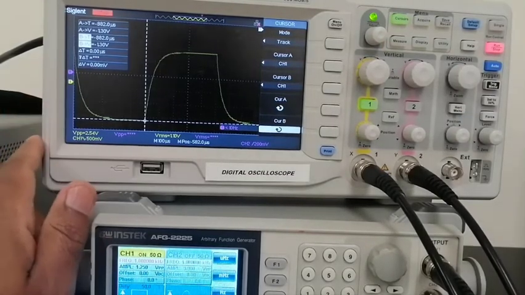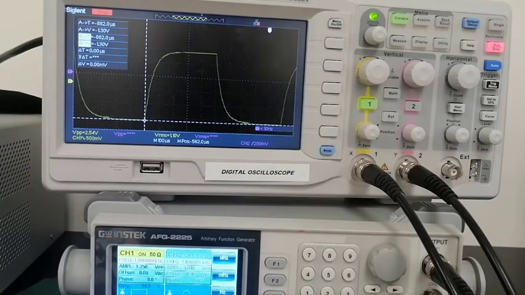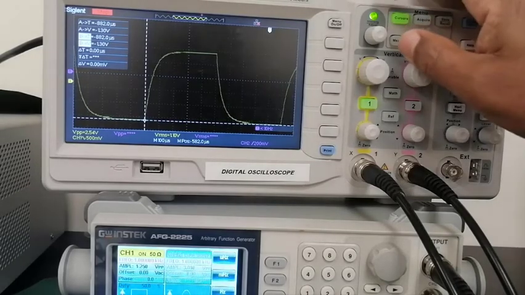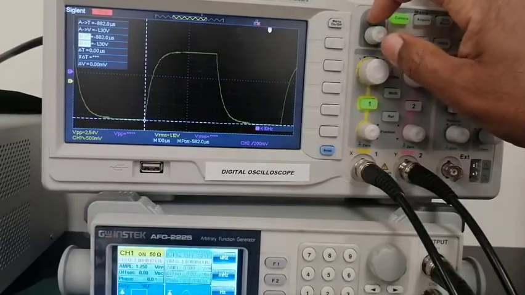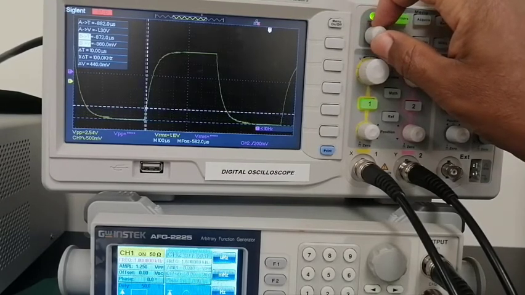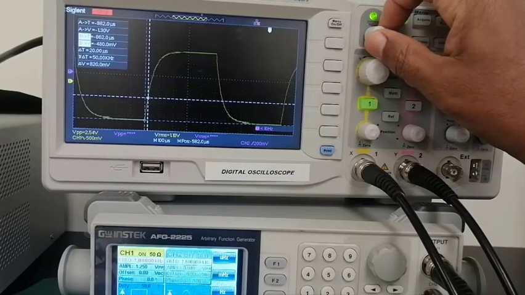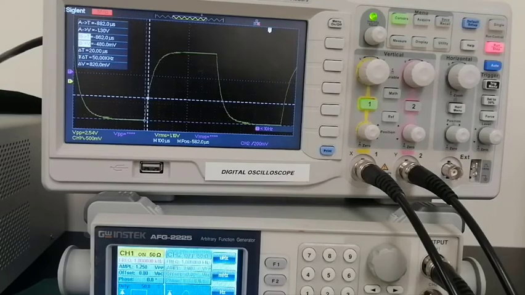The second measurement will be 20 microseconds. I'm going to move cursor 2 with respect to cursor 1 that is stopped at 0. For 20 microseconds, VC equals 820 millivolts.